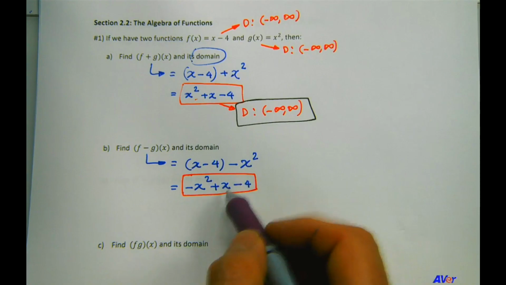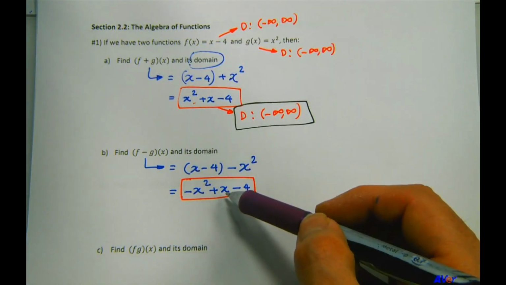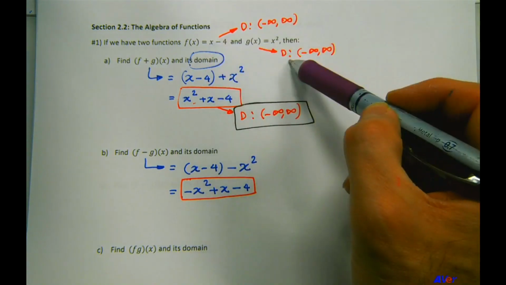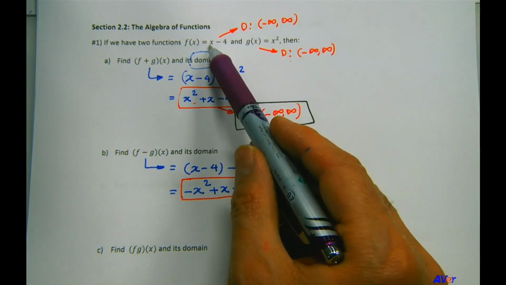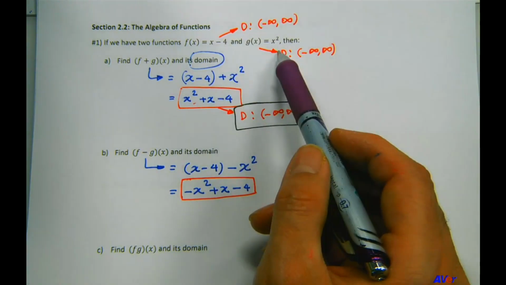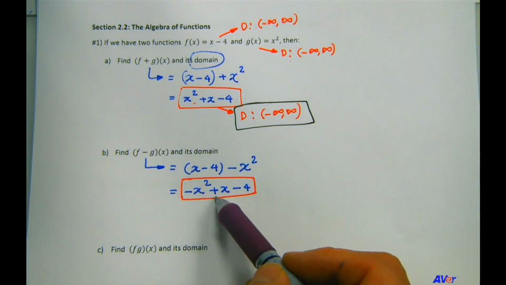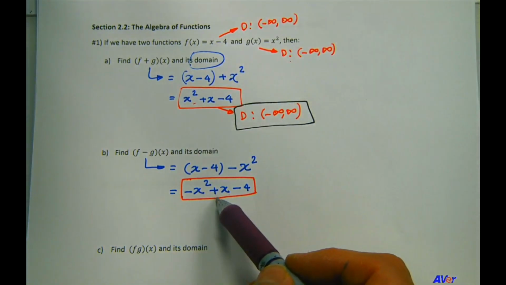The domain of the combined function must agree with the domains of the parent functions. So there are no restrictions on x in the parent functions. So is there a restriction on x in the combined function? In other words, what I'm asking you, do you see any radical expression?